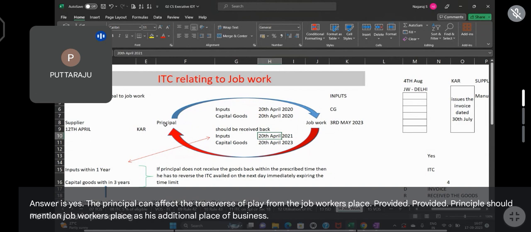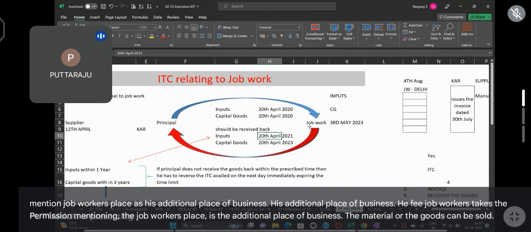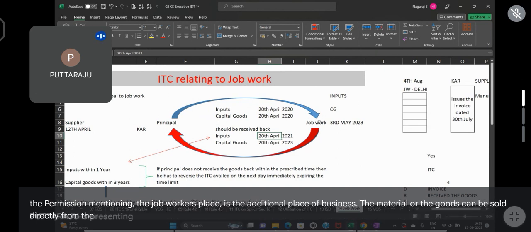If a job worker takes the permission mentioning the job worker's place is the additional place of business, the material or the goods can be sold directly from the job work premises without being brought to the principal factory.